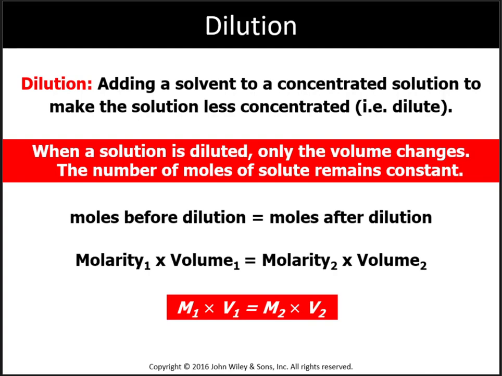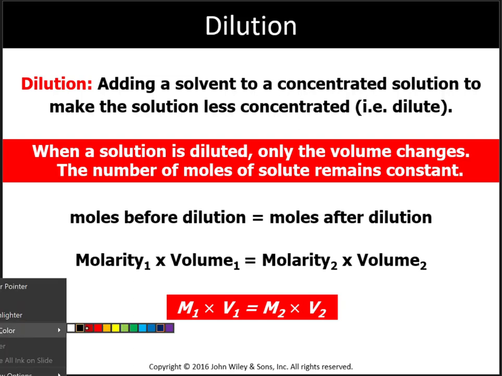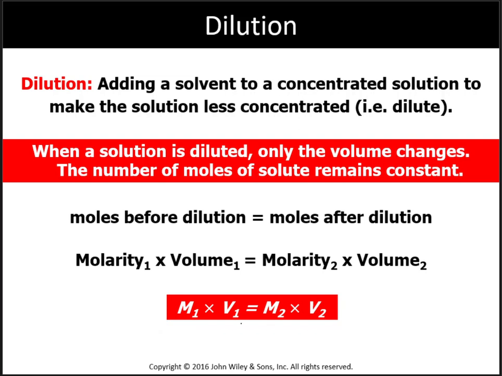Since the number of moles of solute are not going to change before and after dilution, this is the formula we use for dilution: M1V1 equals M2V2. M1V1 is before dilution, meaning the molarity and volume of the solution before dilution, or that's your concentrated stock solution. And M2V2 is the molarity and volume after dilution.